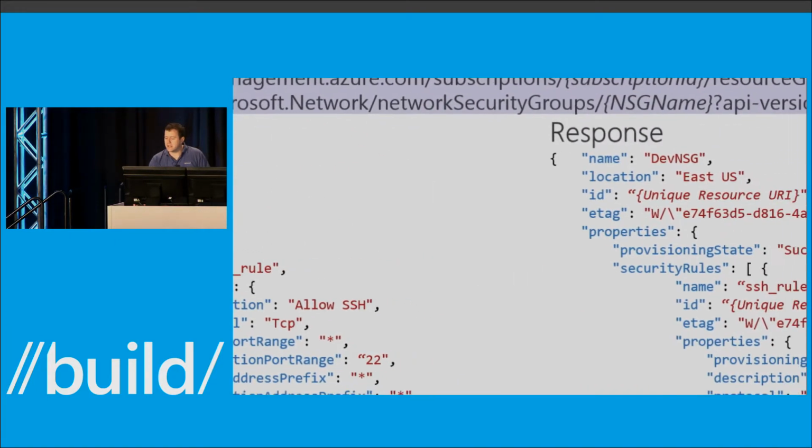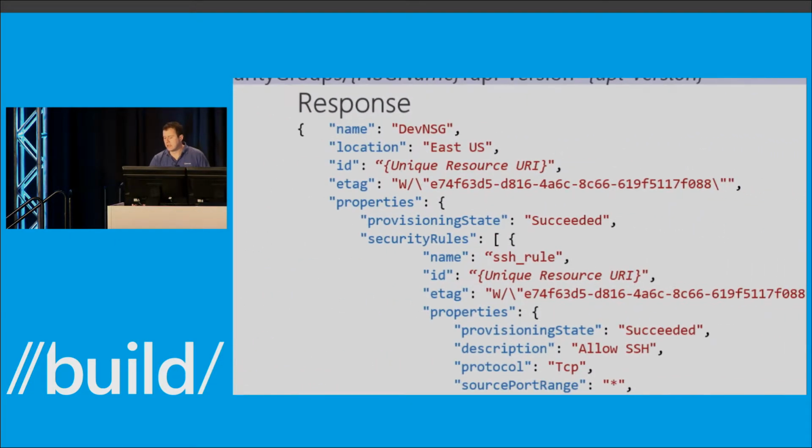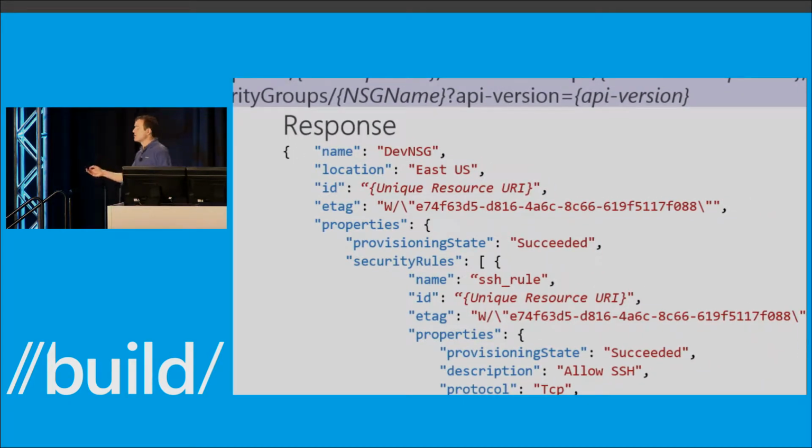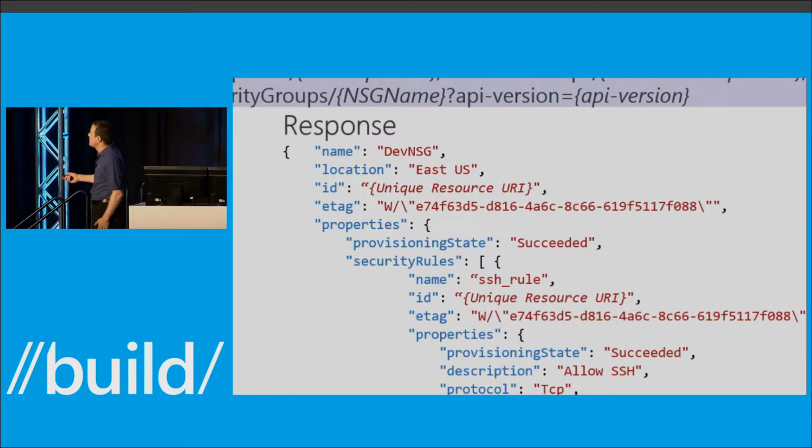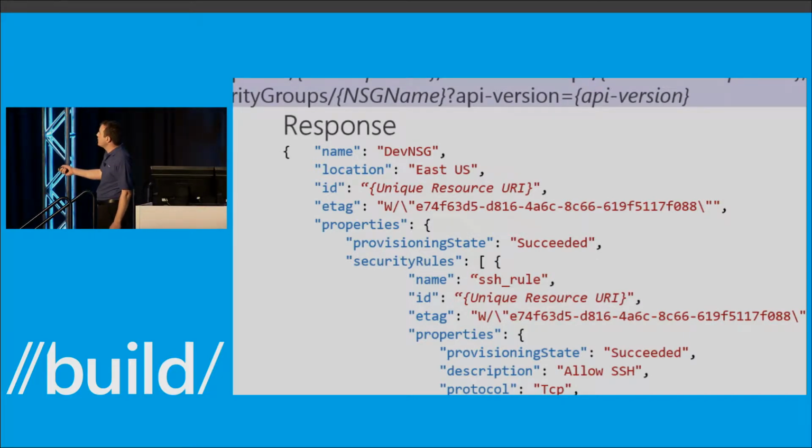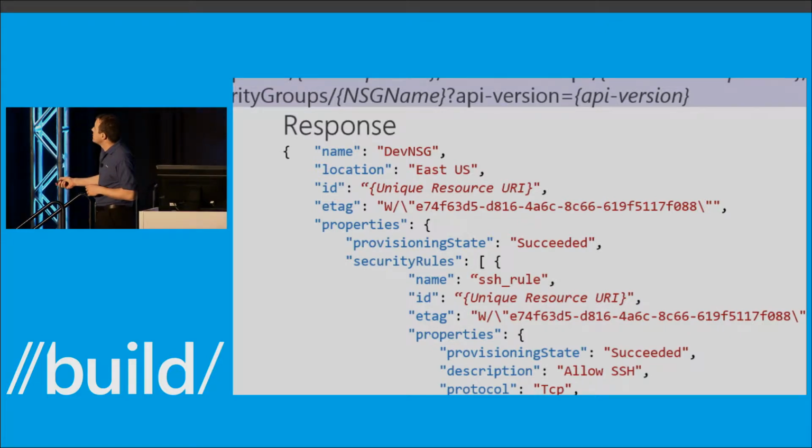And then on the destination side, on the response side, we see what comes back. After we send this over to the server, we see a couple of things. One, the name is now in the payload of the response, because this object exists. This object now has a unique URI, and the URI is this one up here, management.azure.com, and so on.